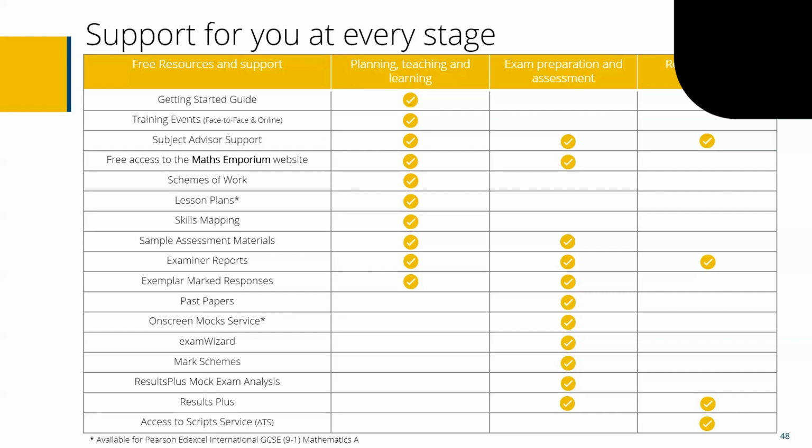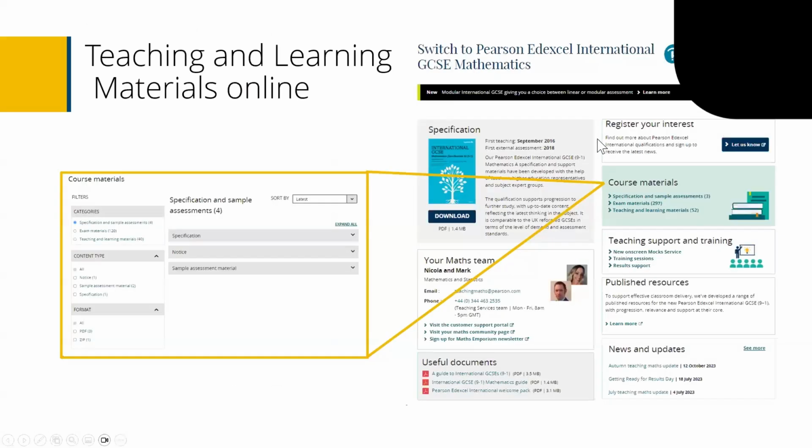Here you can see we have a variety of things. With the recording and the slides shared, you can go back to this and see what kind of resources we offer. On our qualification website you have the resources here, course materials, split into those 3 areas as well, where you can find them, and we keep updating it continuously with more materials.